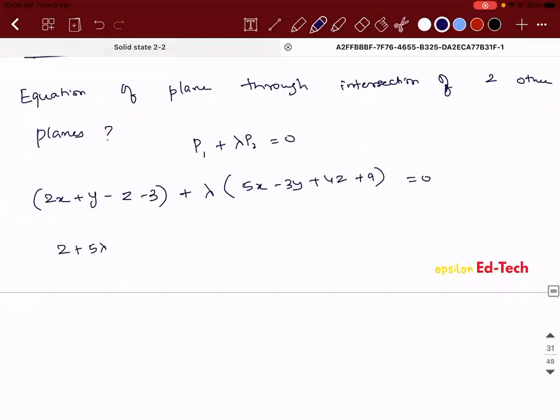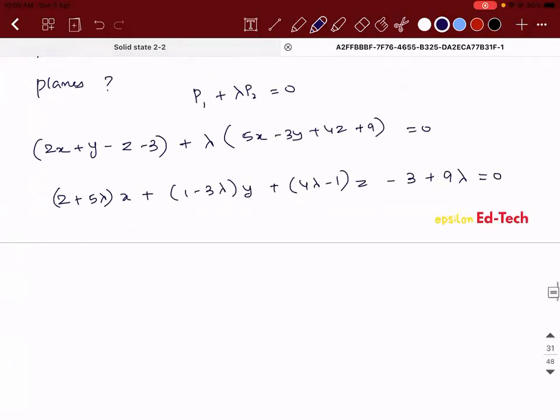It will be 2 plus 5 lambda times x plus 1 minus 3 lambda times y plus I can write it as 4 lambda minus 1 times z minus 3 plus 9 lambda is equal to 0. Okay, this is the new equation of plane.